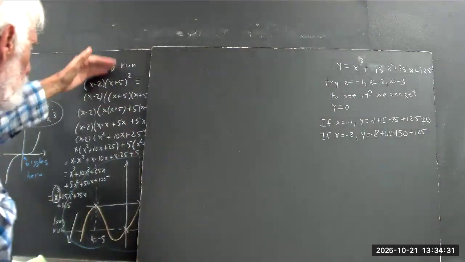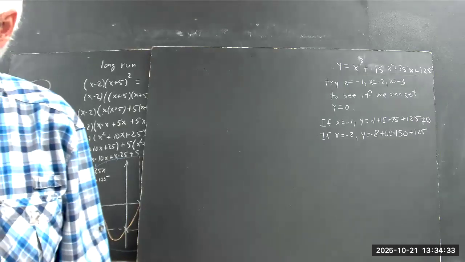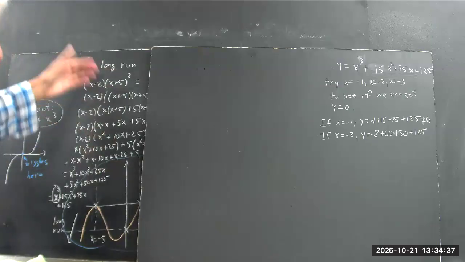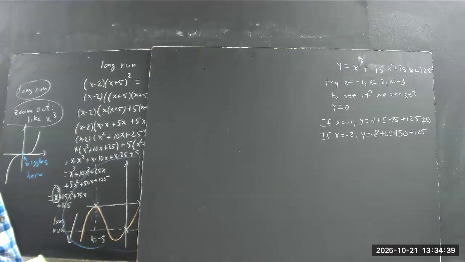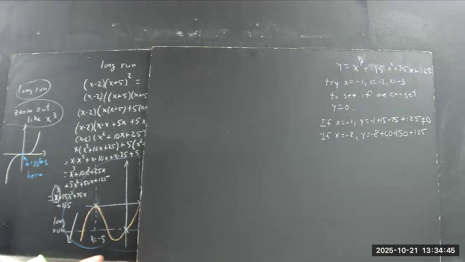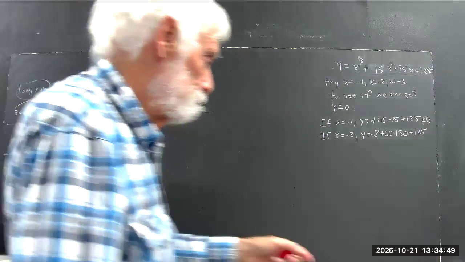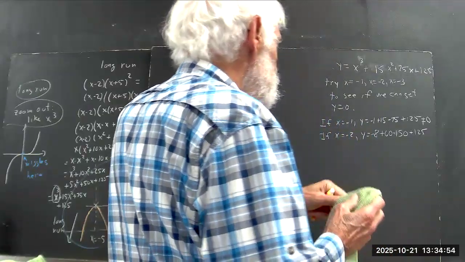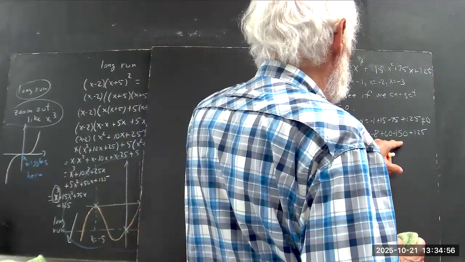It means when I did all this algebra here, like I said, when we do this, this is easy, but it gets tedious. It's easy to make a mistake. Apparently I did. Okay, so I'm going to fudge it, I'm going to cheat. And I'm going to say, that's -150.